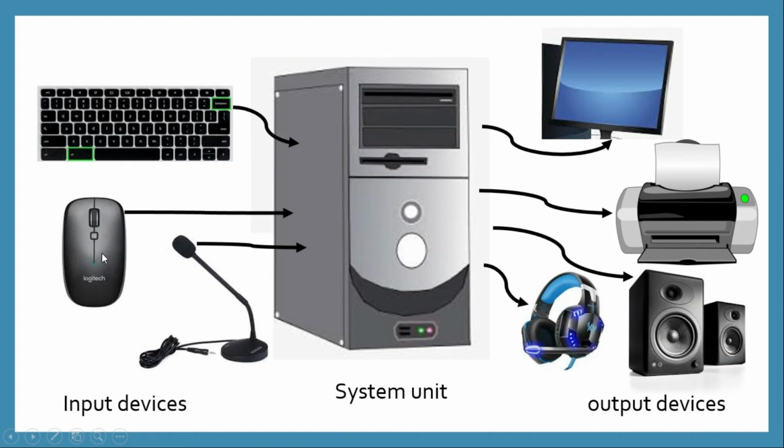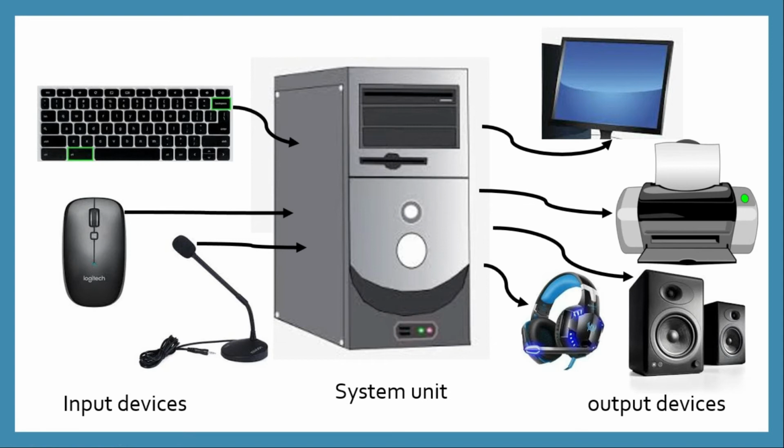The mouse is the same thing. When you draw, it enters the system unit and goes out to the screen or printer. Microphone: if you record your voice, it enters the system unit and goes out to the speakers and headphones. That means speakers, headphones, printer and screen are output devices, and keyboard, mouse and microphone are input devices.